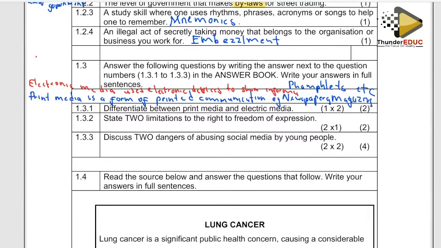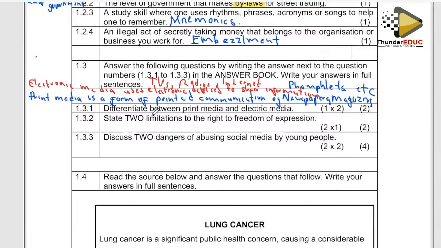So that is the major difference there. In terms of print media, this is printed communication. But electronic media uses electronic devices to share information. I'm going to give you examples of electronic media. We have TVs, we have radios, we have the internet itself.